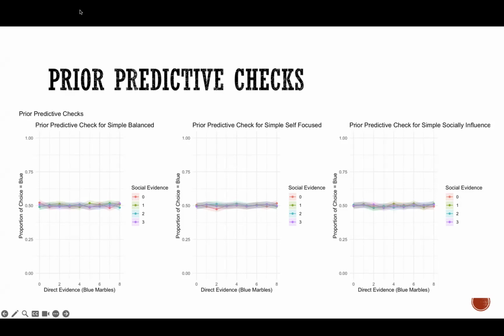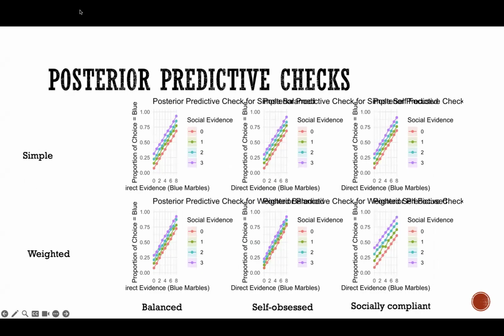And when we look at the simple balance, simple focus, and simple social influence, again we get the same expectations, because before looking at the data, we know nothing. We can look at the posterior predictive checks, on top for the simple and on the bottom for the weighted. Before, in the prior predictive checks, they were exactly the same.